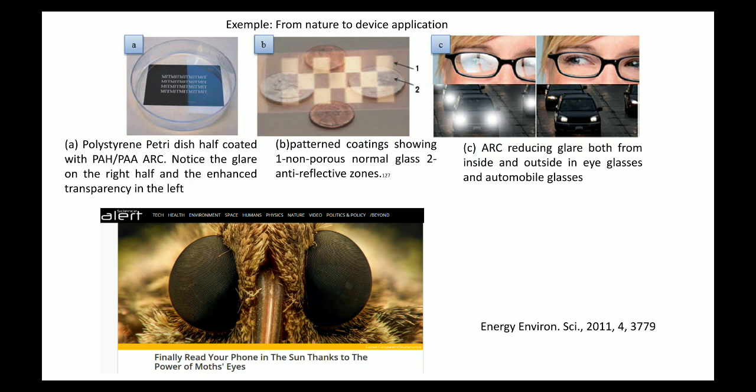But on the left hand side, because the coating is done only on the left half part of the petri dish, where the coating is present, you can see the reflection has significantly reduced, and because of that you are able to see what is inside more clearly, because its transparency has increased.